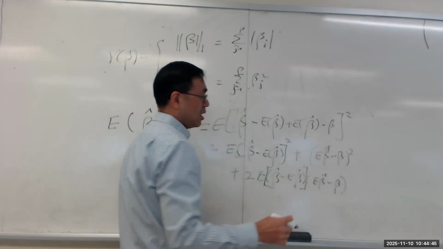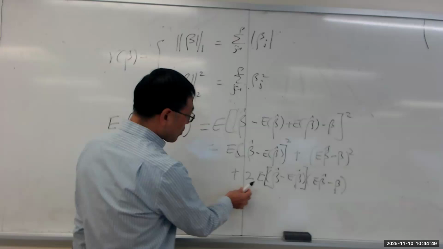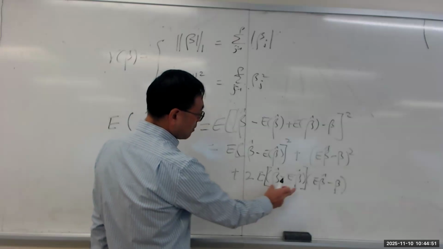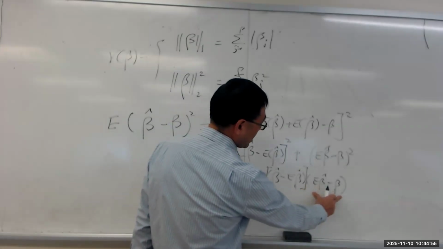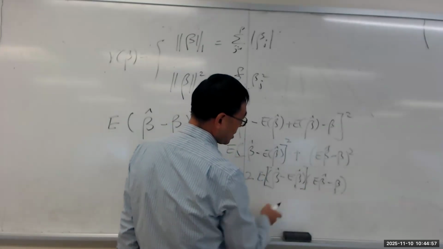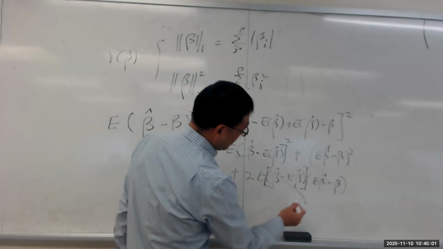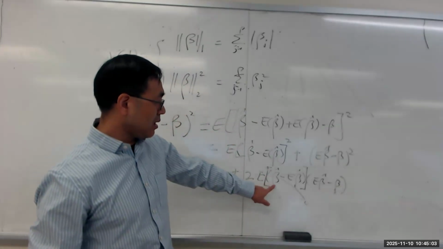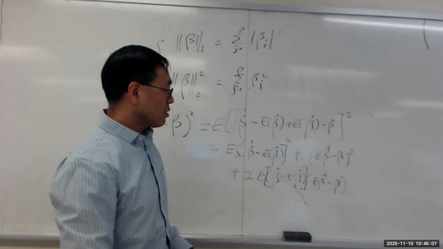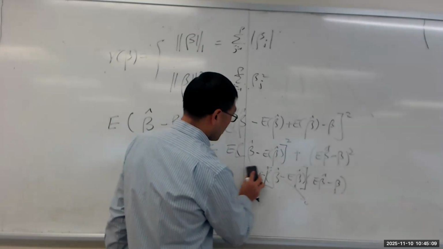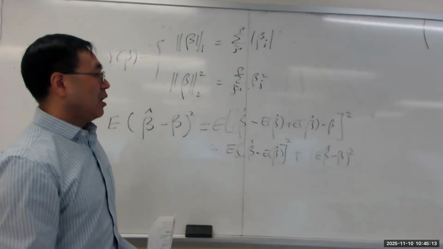This term we call the bias term. And you have a cross term, 2 times the expectation of beta hat minus expectation of beta hat, times the expectation of beta hat minus beta. This cross term actually goes to 0, because the expectation of beta hat minus the expectation of beta hat is 0. That's why, when you break it down, you only have two items.